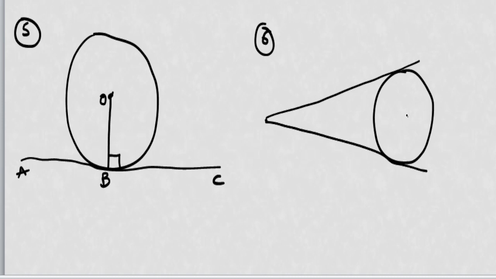Then this is the center. We know at the point of contact they're going to form 90 degrees. Again, on the other end, at the point of contact, they form 90 degrees. This is the origin. All right. Then let me separate it like that.